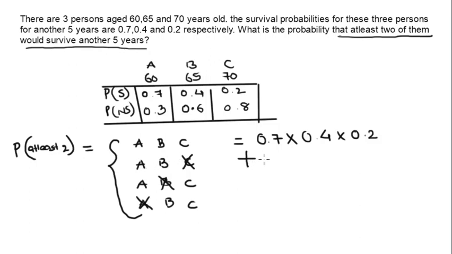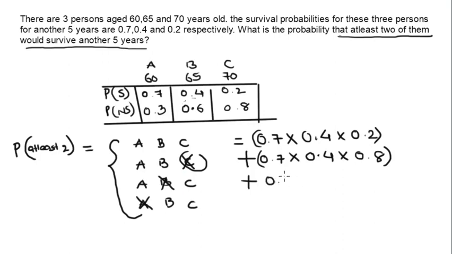A will survive 0.7, B will survive 0.4 and C will not survive. C will not survive probability is 0.8. So let me do this bracket for the same. Or the situation is possible.